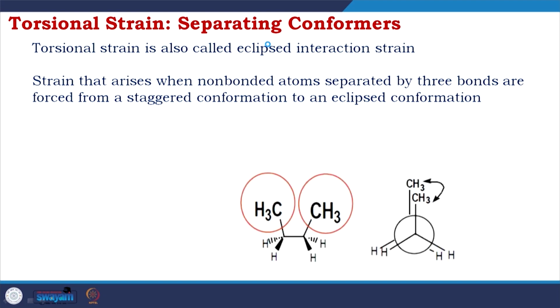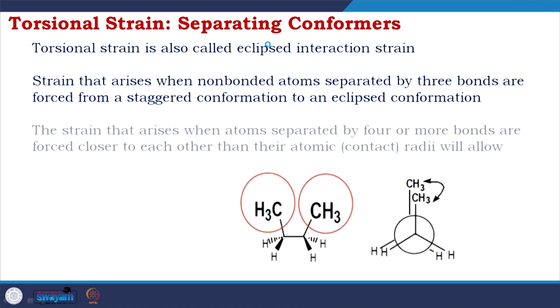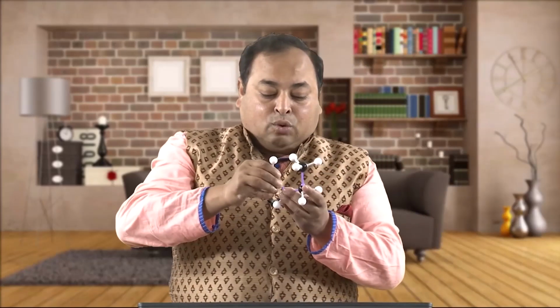So what it is talking about here, you have not a lot of differences because all are small. Instead of this, if I put a methyl group here, so there is a methyl group and here is another methyl group.